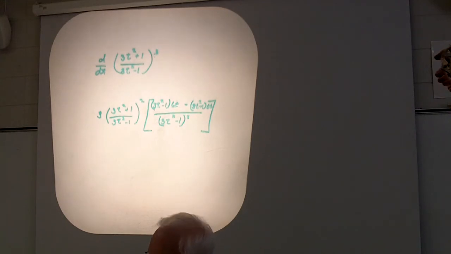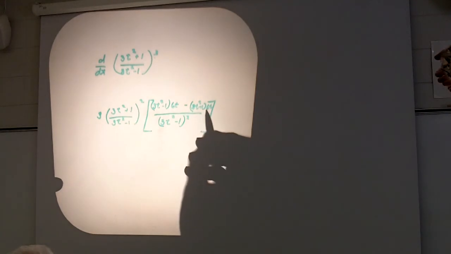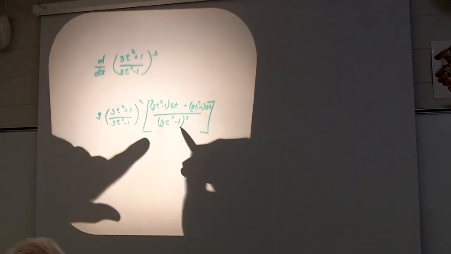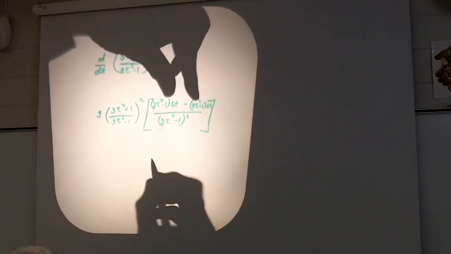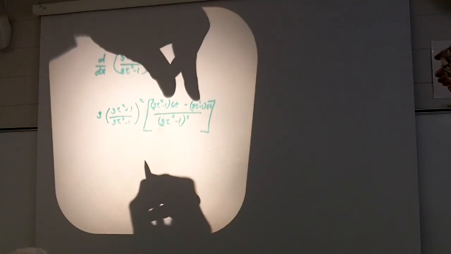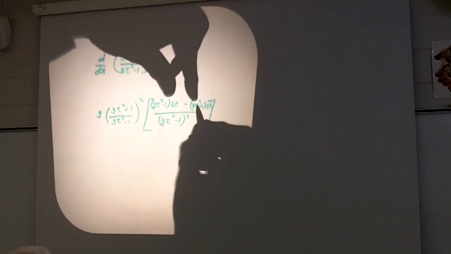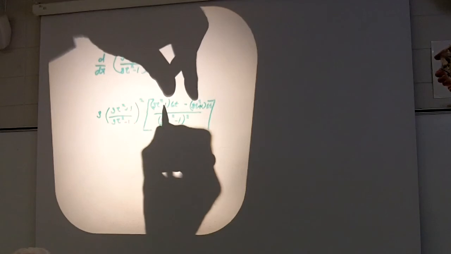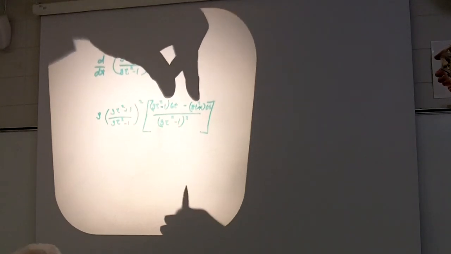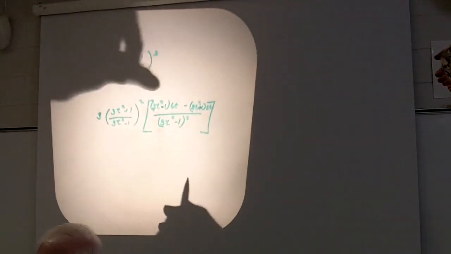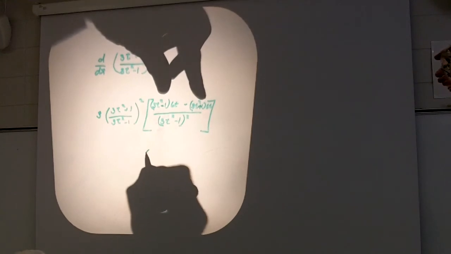It's just 0. You have 3t squared minus 1 times 6t, and then you have that minus itself. This here? Yeah, the top is 0. No, I don't think so. One's minus and one's plus. This is plus, and this is minus. You can do that. Okay, but now that just makes me want to do something here.